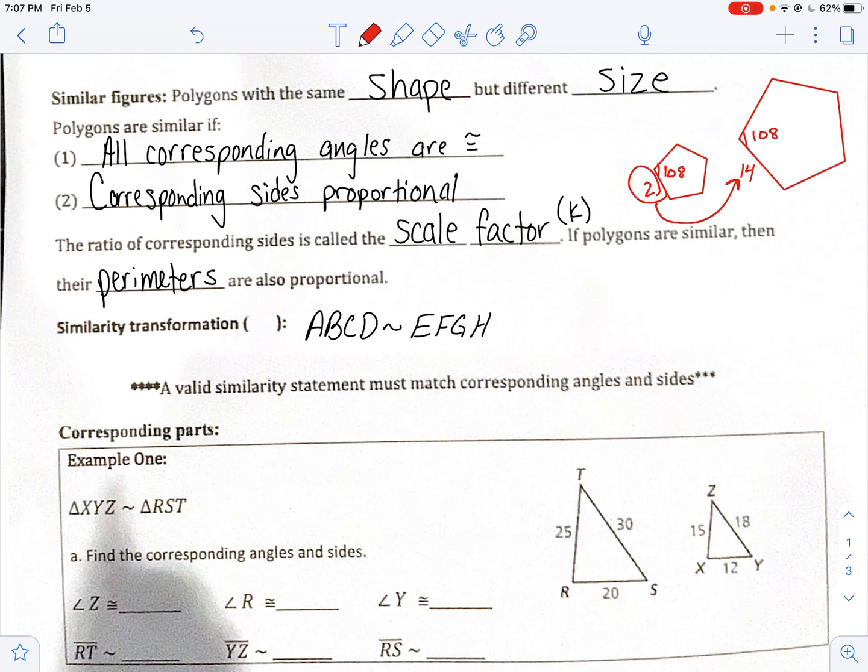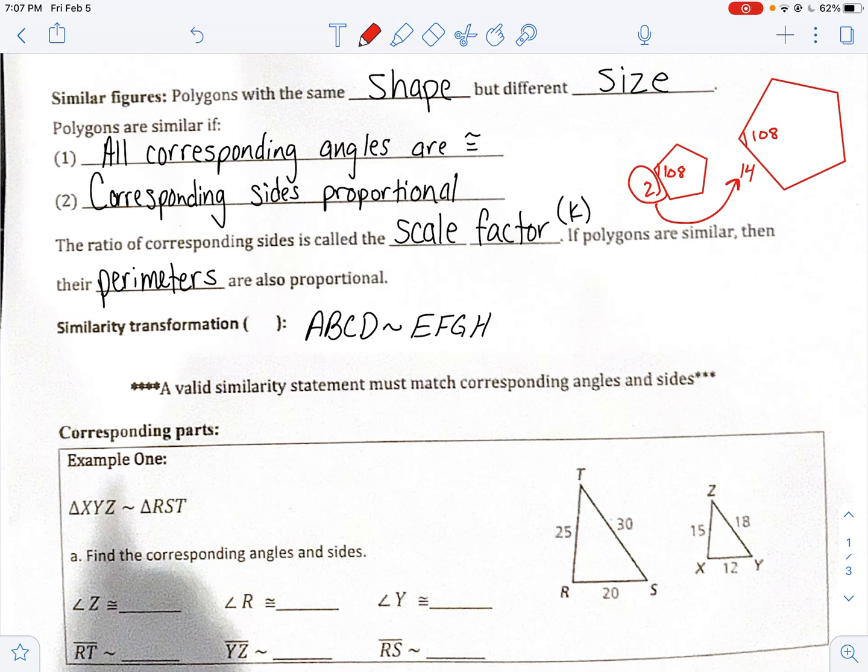If polygons are going to be similar, then their perimeters are also proportional. So if their side lengths are proportional, then the number I get when I add up all those side lengths should also be proportional. And we have our similarity statement right here in the middle.